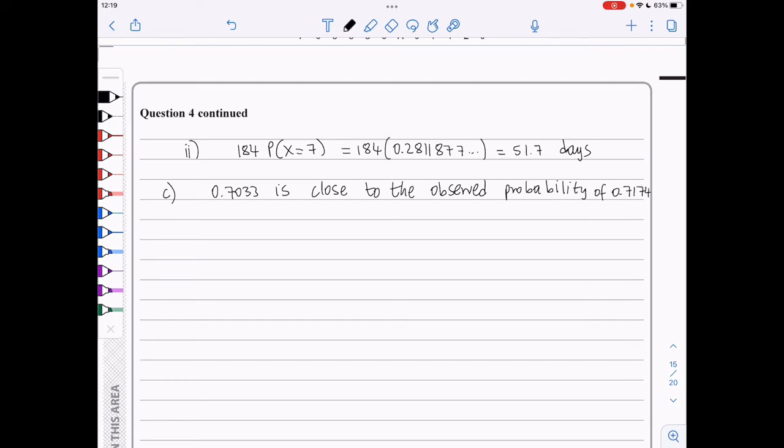In addition, 51.7 is close to the observed frequency of 52. And therefore, Magali's model is supported.